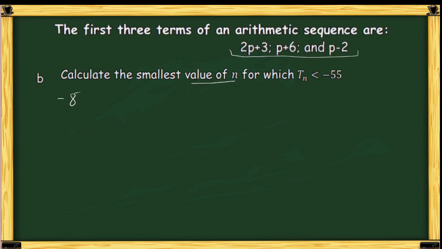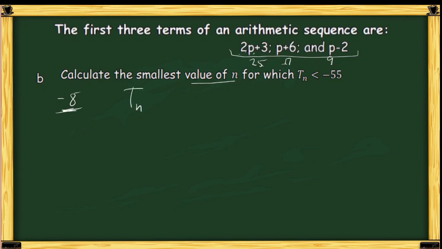How so? Well, 2p is 2 times 11 is 22 plus 3, that gives us 25. 11 plus 6, that's 17, and then 11 minus 2, that gives us 9. So 9 minus 17 gives us minus 8, and 17 minus 25 also gives us negative 8.